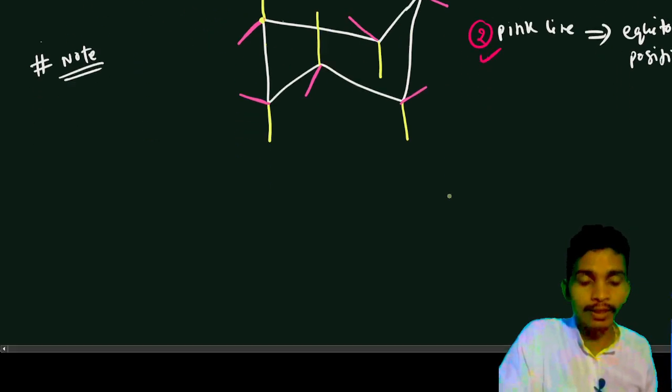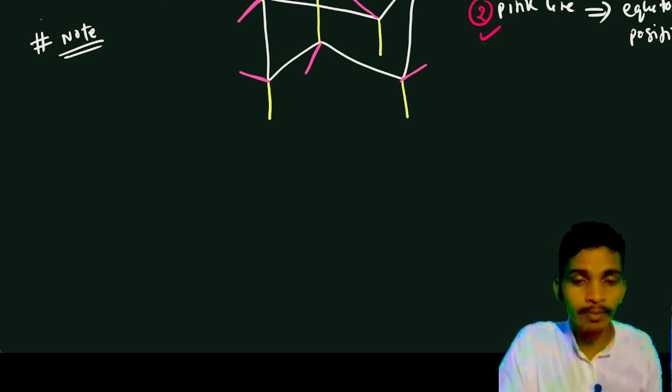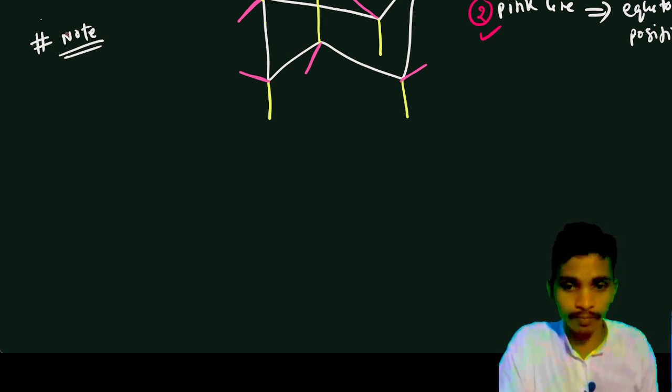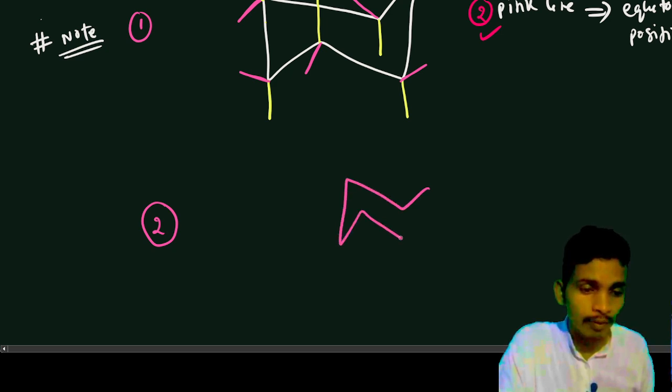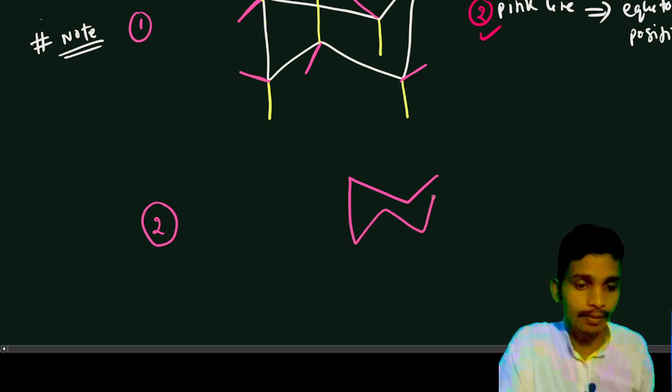And one more thing we should know: whenever you are converting any group into the chair form, always keep in mind that 1,3 diaxial interactions should not be present. What do I mean?